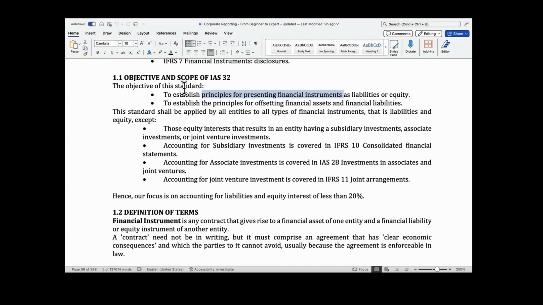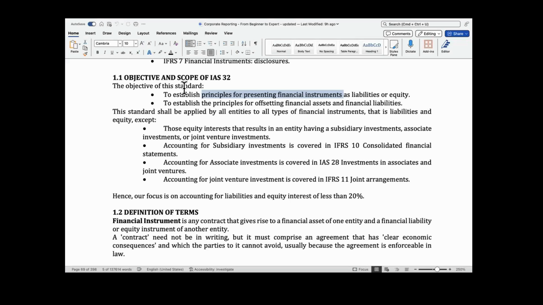Today also, some part of what we are learning is intercorporate investments, where we invest in the shares of another entity. But here now, we are looking at a scenario where the investment is just a simple investment, where your holding in that other entity is less than 20%. And that is what IAS 32 and IFRS 9 deals with. And that is what we call financial asset.